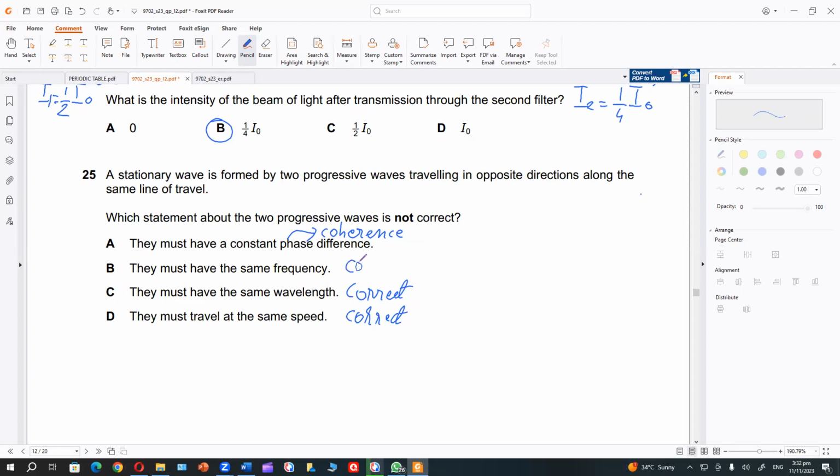Same frequency should also be correct because of the same nature. They all should be correct because this is according to the principle of superposition. The word is must. It is not necessary, because coherence is a condition of interference.